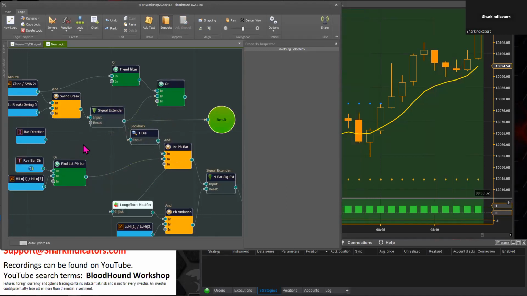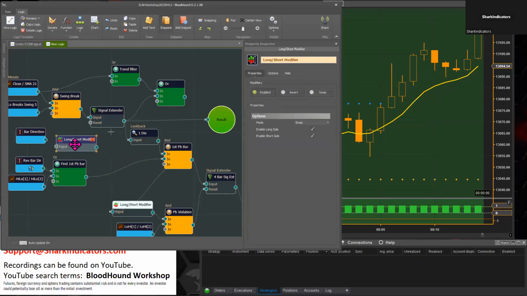So, what could I use? Okay, I'm just going to use a dummy OR node here. I could have used that OR node now, but back in BloodHound version 1, I would have had to use a long short modifier here and just use the swap mode.